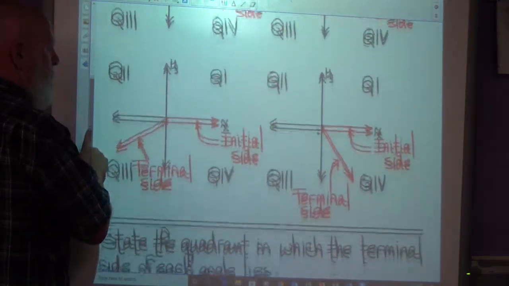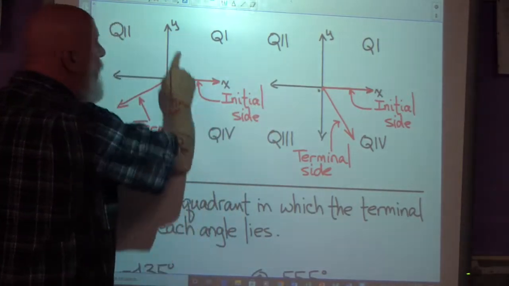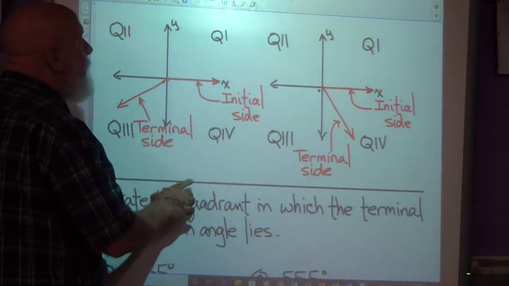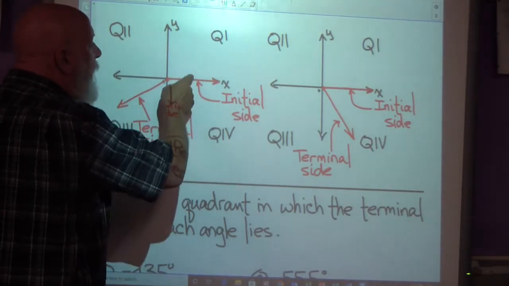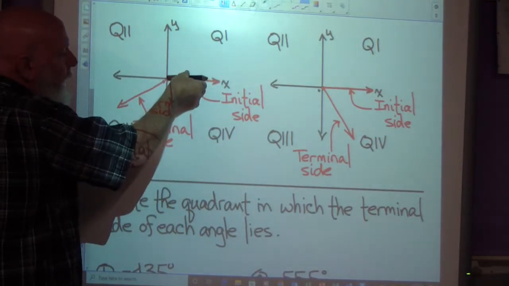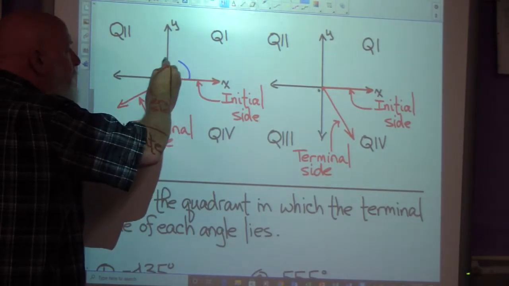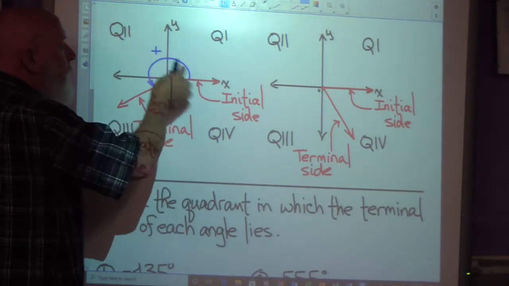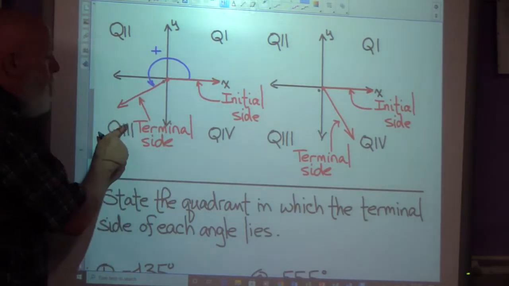Okay, so let's take a look at this one. Here's the initial side again, always the x-axis. The xy axes chop our plane into four quadrants, so to speak. If we rotated in a positive direction from the initial side and rotated our terminal side like this, and stopped, that's called the angle of rotation, we would be stopping in quadrant 3.